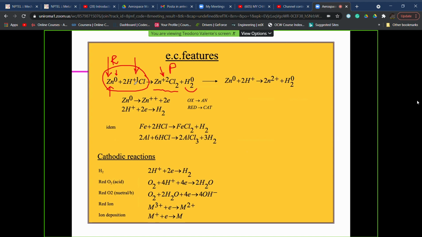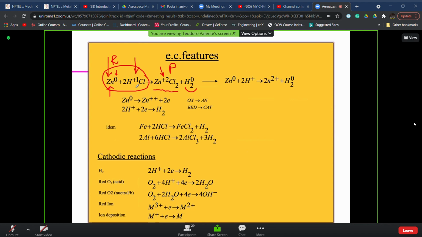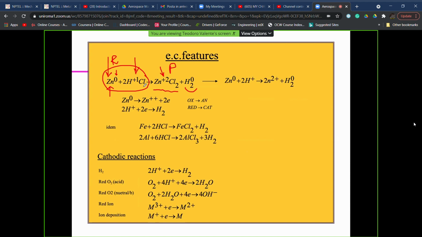Have a look instead at the second reactant, that is hydrogen chloride, which is a strong acid. So as you know, it is dissociated in the solution, giving rise to hydrogen +1 ions and chloride -1 ions. And have a look at hydrogen. If we start at the beginning, hydrogen ions have +1 as oxidation number.